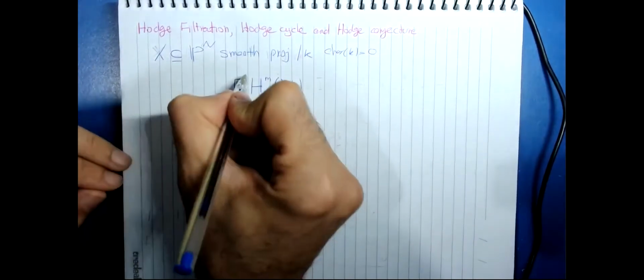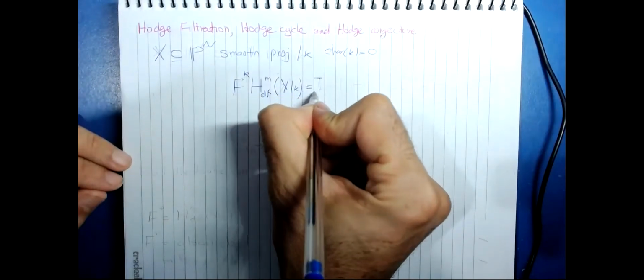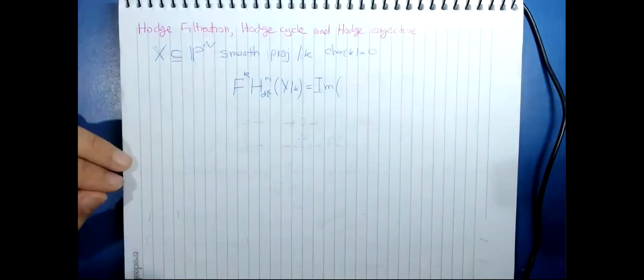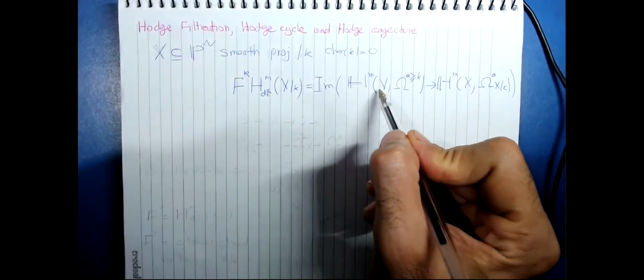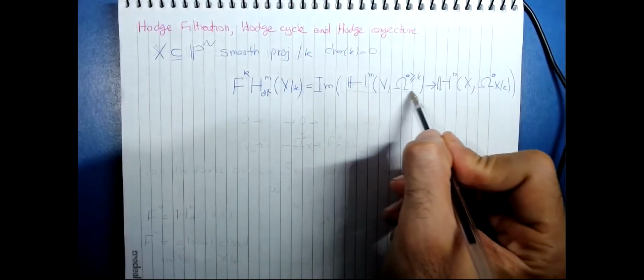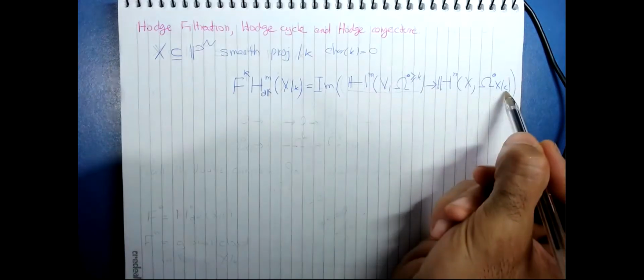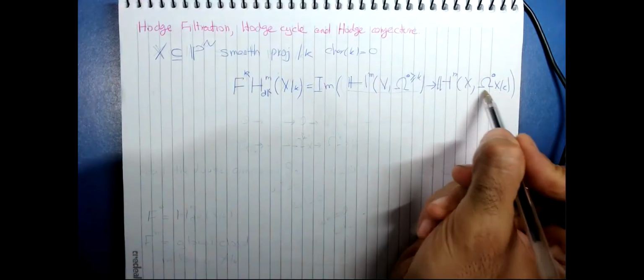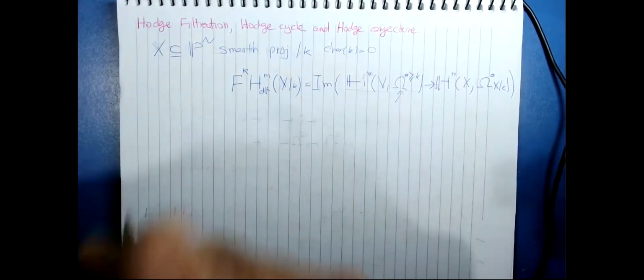Its pieces, F^k, are given by the image of the hypercohomology of this truncated complex inside the hypercohomology of the full complex of differential forms. So what is this truncated complex?